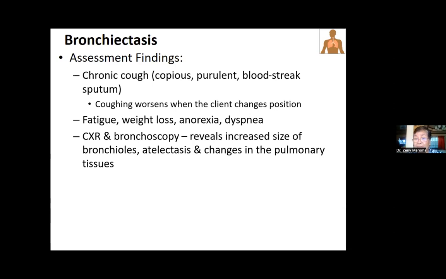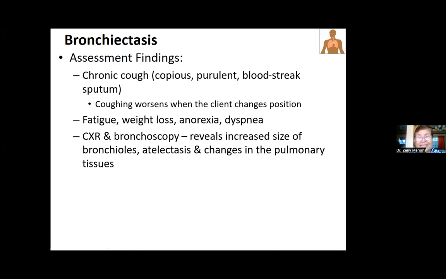Ano ang bronchoscopy? It will reveal increased size of bronchioles, atelectasis, and changes in pulmonary tissues. Ano yung bronchoscopy? Bronchoscopy from the word is direct visualization of the bronchial tube. Okay? Fiber optic bronchoscopy: a lighted flexible tube, ipinasok hanggang doon sa bronchial tree.